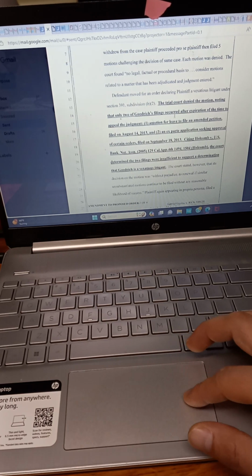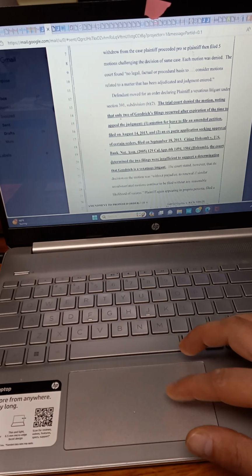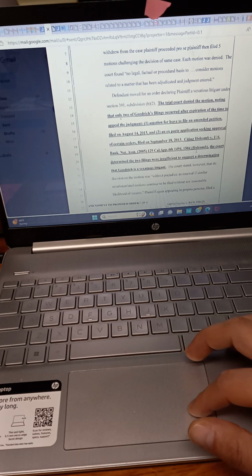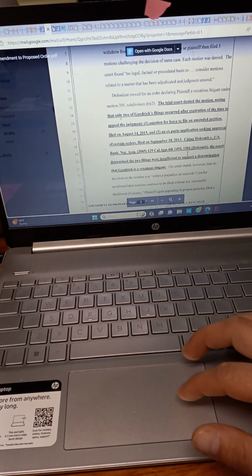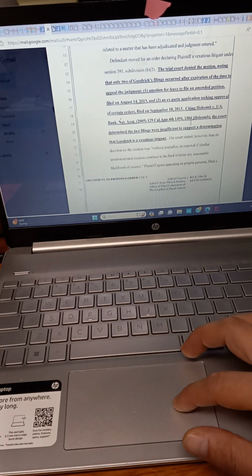So before you even get to Goodrich, you still have to overcome the Holcomb affirmance. The court affirmed Holcomb in that case, the lower court.